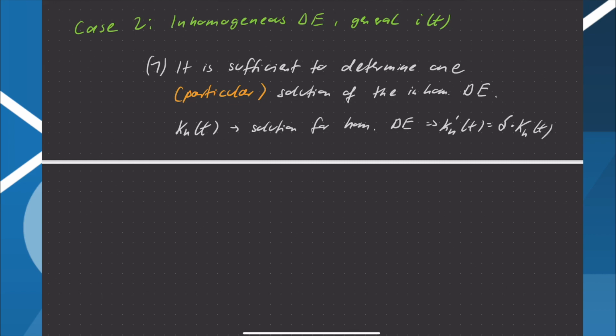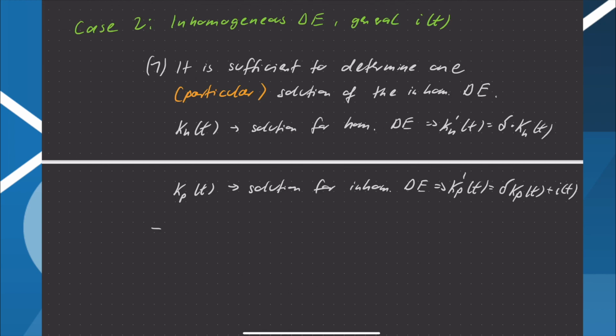And we have a particular solution kp of t. That's a solution for the inhomogeneous differential equation. And that means kp prime of t equals delta kp of t plus I of t.